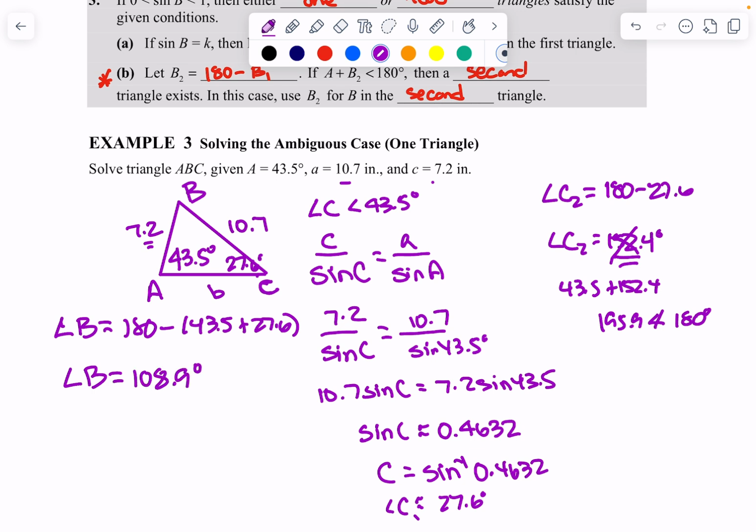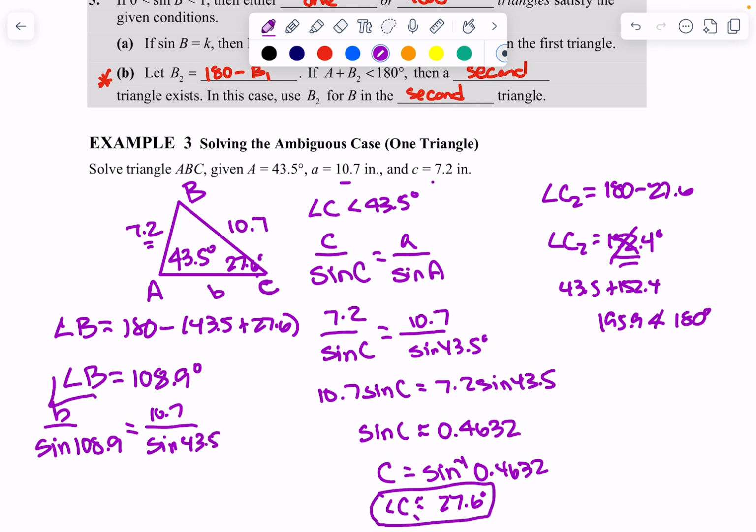And then we can do our law of sines, which is b over the sine of 108.9 equals 10.7 over the sine of 43.5. So 10.7 times the sine of 108.9 divided by the sine of 43.5, and we get that b equals 14.7.